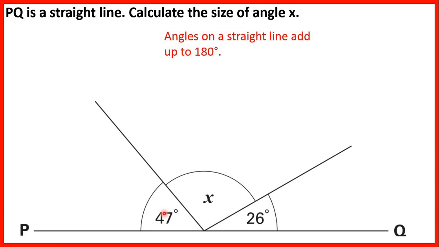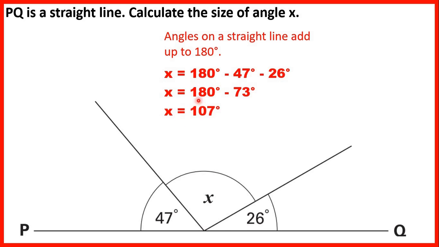So 47 plus 26 plus whatever X is will have a total of 180. So to find X, we can work out 180 minus 47 minus 26. Because we're subtracting and then subtracting again, sometimes it's easier just to add up the total of what you're subtracting, and 47 plus 26 is 73.